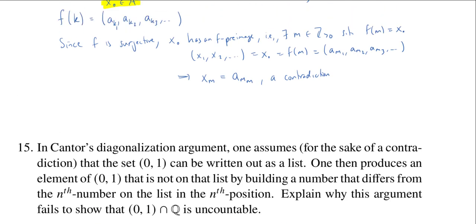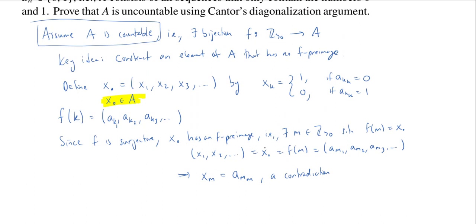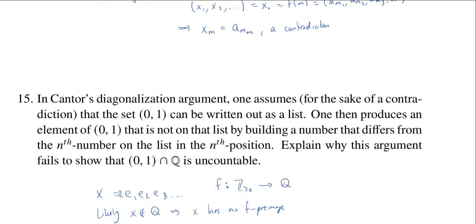Okay, and you go back up here. Once you knew you had a preimage, then you could do this equality, and that's where the contradiction came from. Without having that preimage, you can't build the equality, you can't get the contradiction.